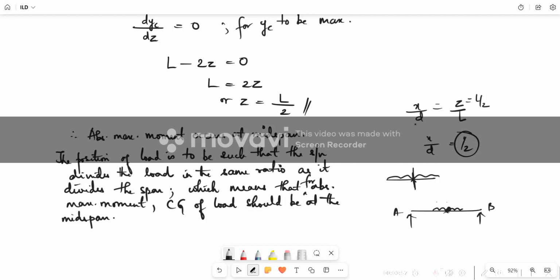Okay, so that is also an important result for ILD for UDL smaller than span.